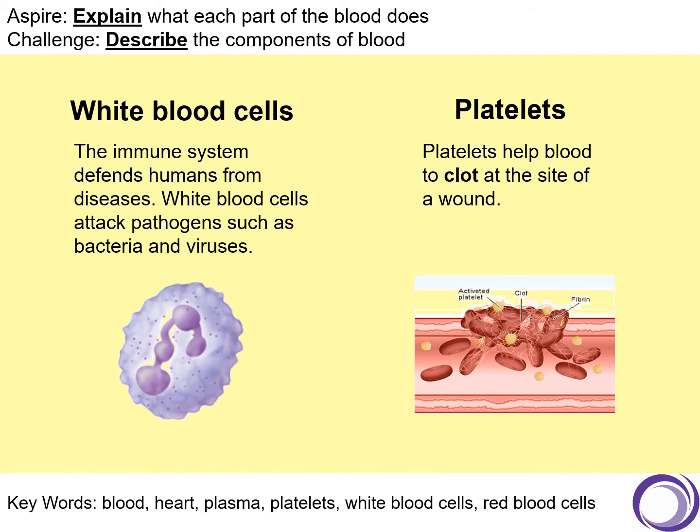The final part of our blood are platelets. Platelets help our blood to clot. So when we cut ourselves, eventually we will stop bleeding, and that is because the platelets in our blood will form a barrier between us and the outside, and this will stop any pathogens from entering our bodies.